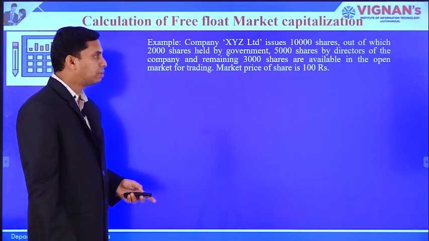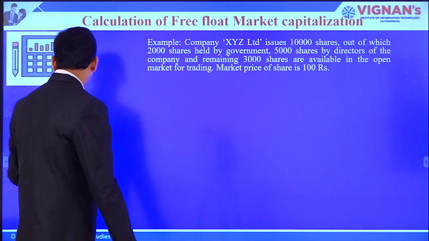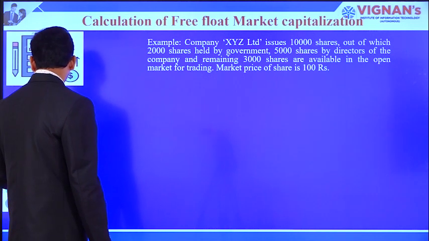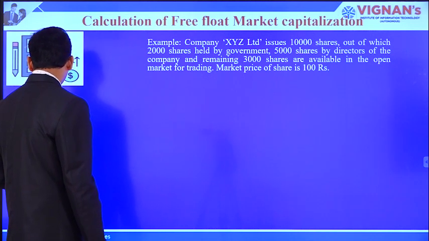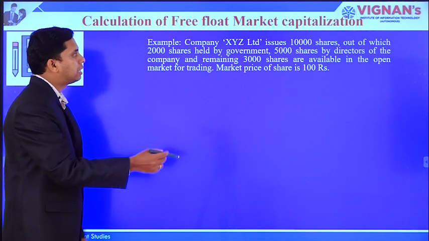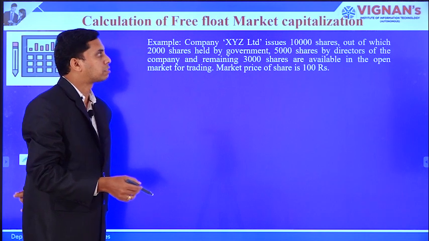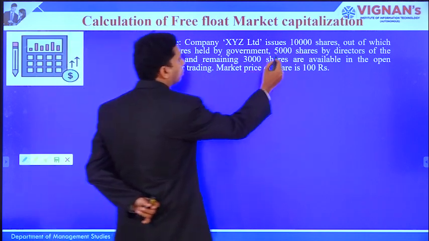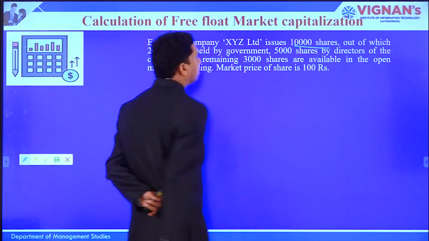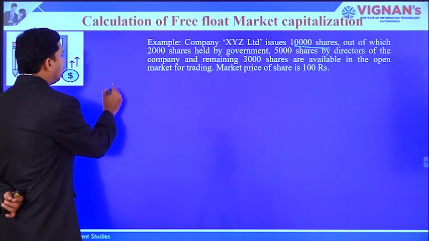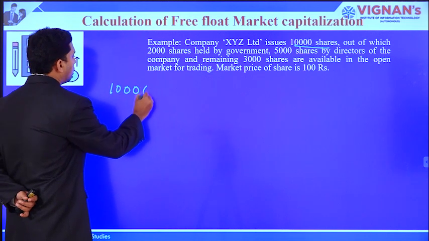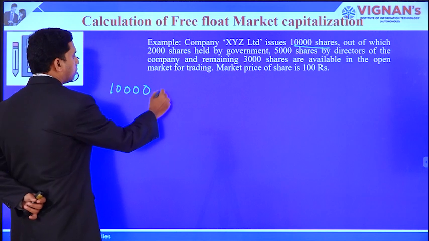So out of this information, what we can understand here is, the total company shares are 10,000. Okay, 10,000 is the total shares issued by the company.